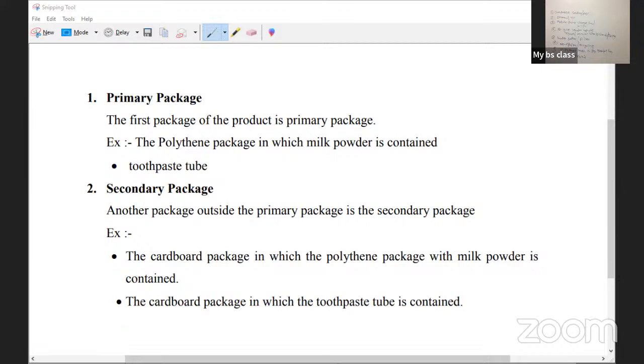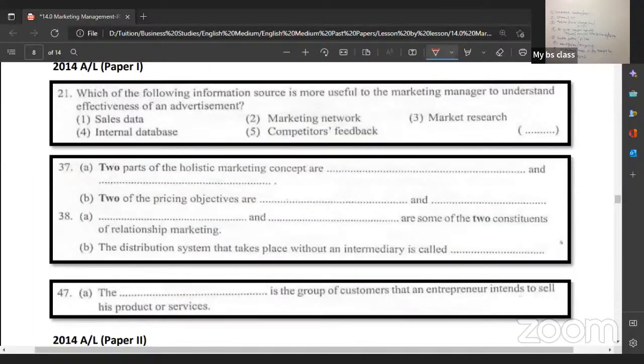Now let's move to 2014 A level, Paper 1. Which of the following information is more useful to the marketing manager to understand the effectiveness of an advertisement?